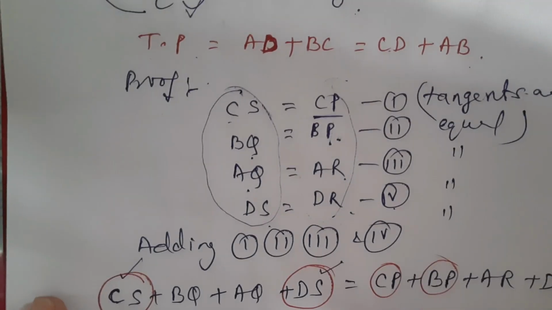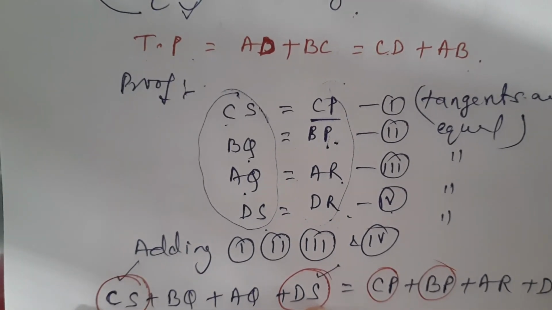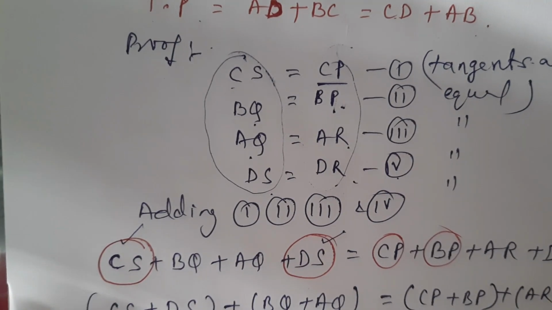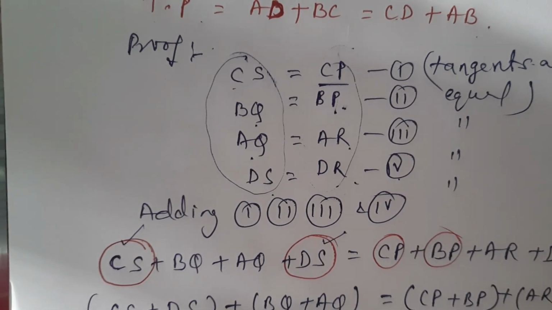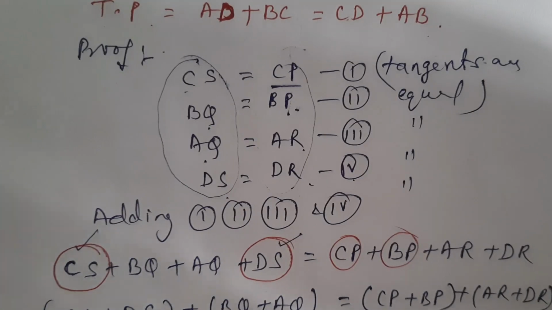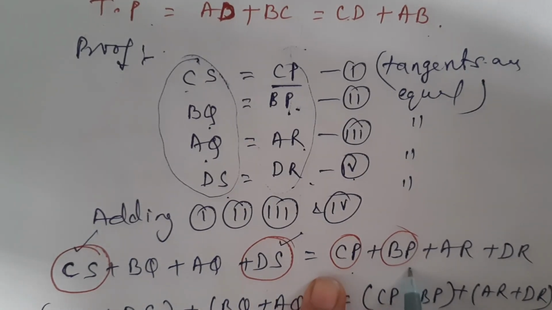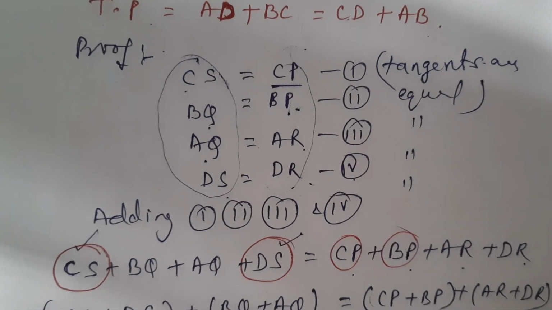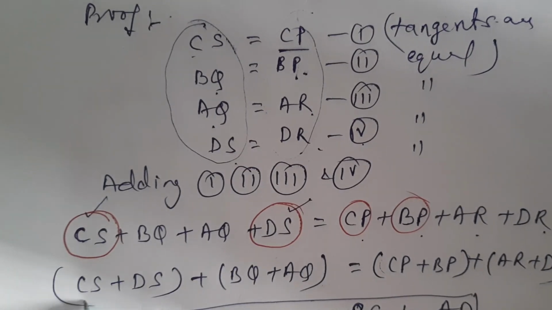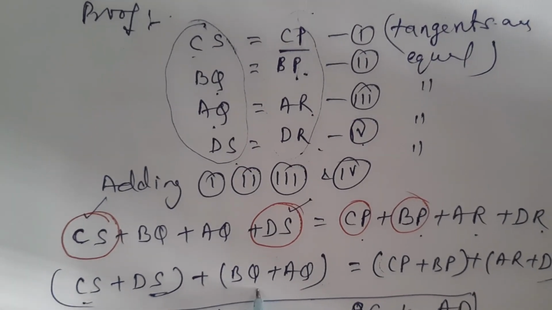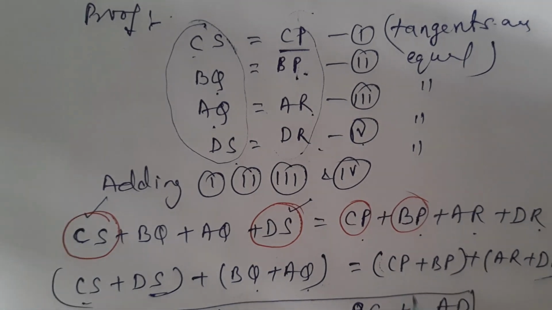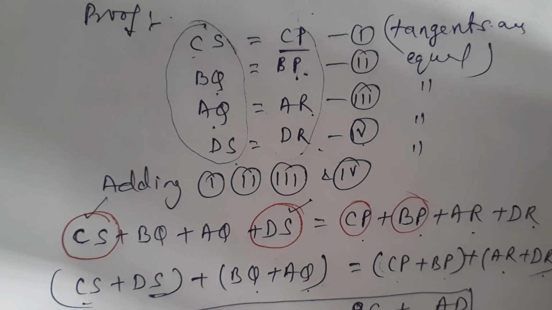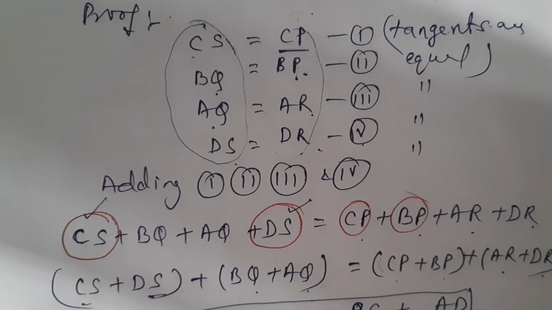In that way I coupled the parts that make one complete side: CS with DS, BQ with AQ, CP with BP, and AR with DR. So CS plus DS is CD, BQ plus AQ is AB, CP plus BP is BC, AR plus DR is AD. Thus we got the proof.